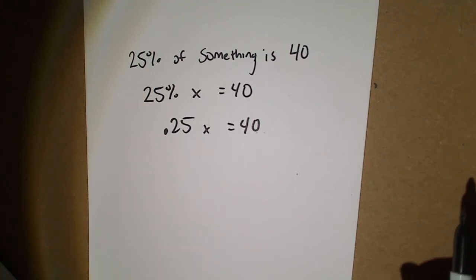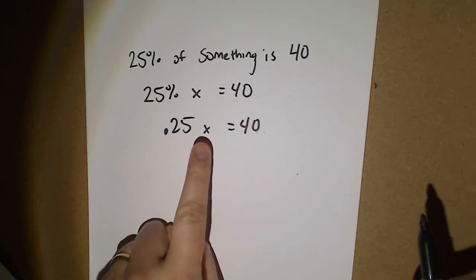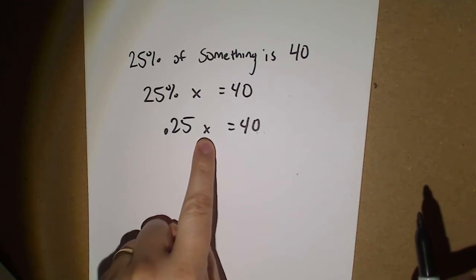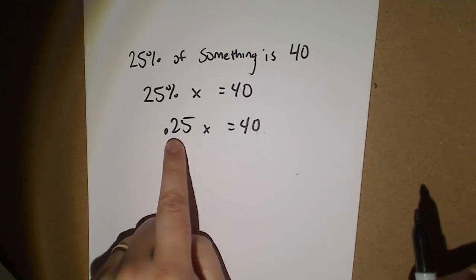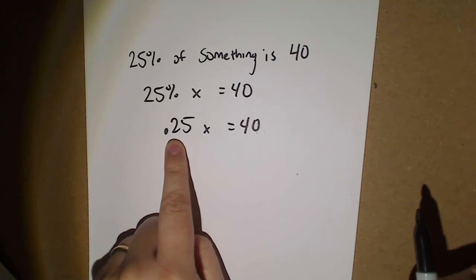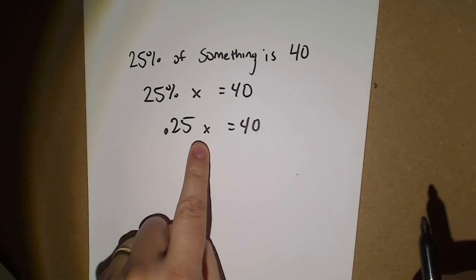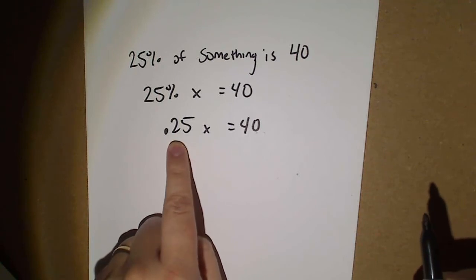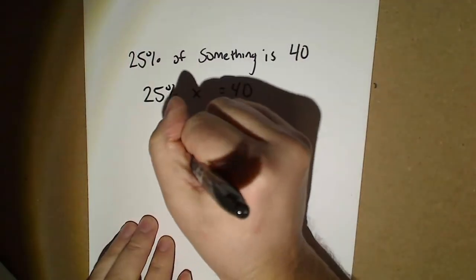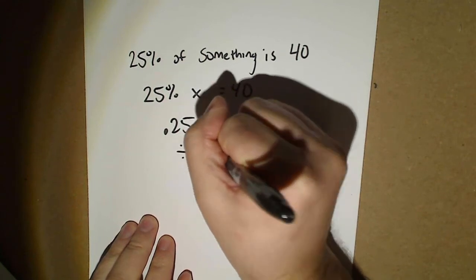Now this gets a little bit tricky and a little bit algebraic in the way we have to solve it, but I'm going to get this x all alone on this side of the equal sign by simply doing the inverse operation. So if this is 25 hundredths times x, I want to get that 25 hundredths away from there by dividing it away.